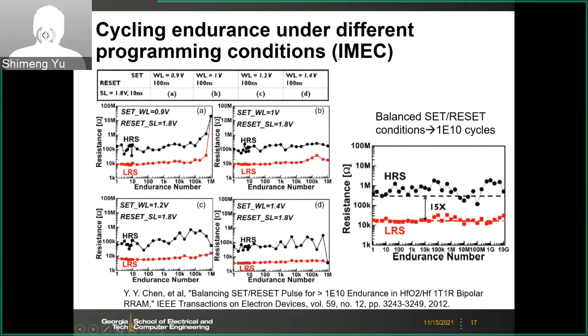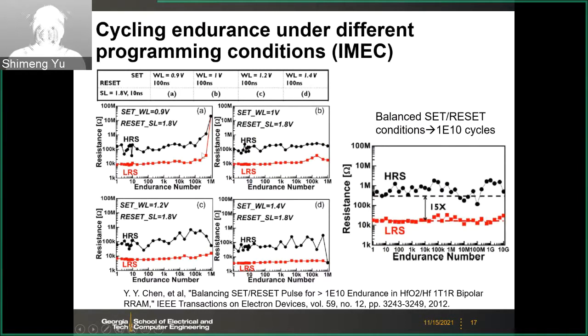And also, IMEC tested the endurance of the device, and they found out that endurance degradation is a function of the programming condition. So here we show the resistance as a function of endurance cycles.